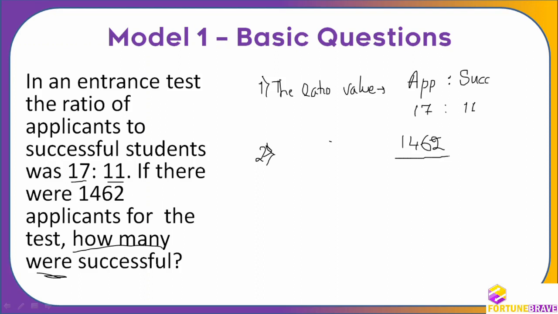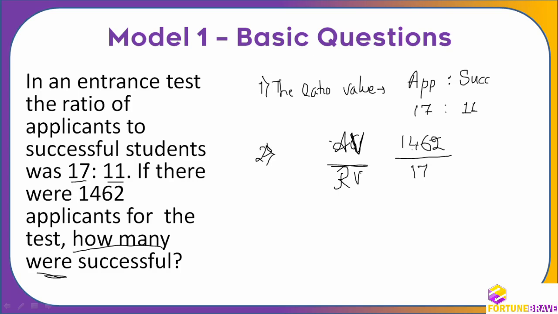So we should be able to divide it by 17. If I divide it by 17 and multiply by the successful ratio value, because they are asking successful, so this is the actual value which is given here. Whatever actual value is given, I'm going to divide it by the corresponding ratio value. So now if you divide, you will get what?